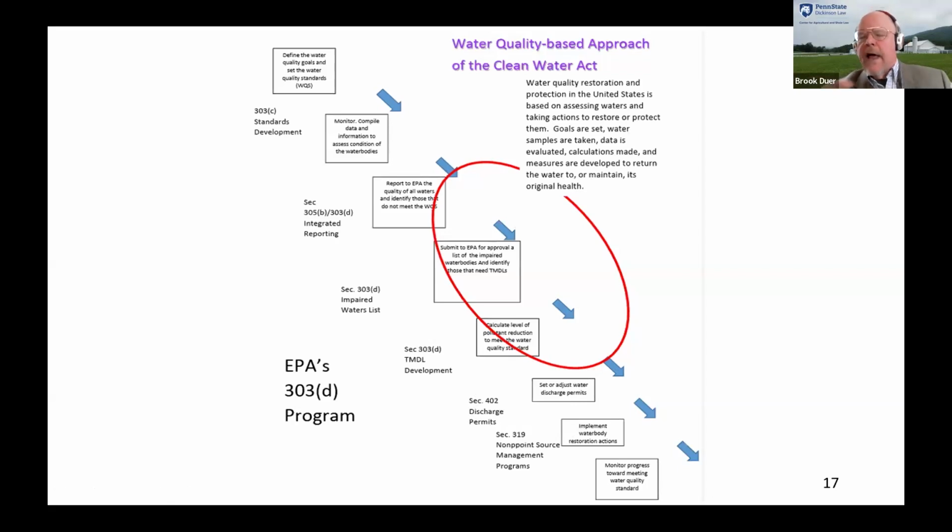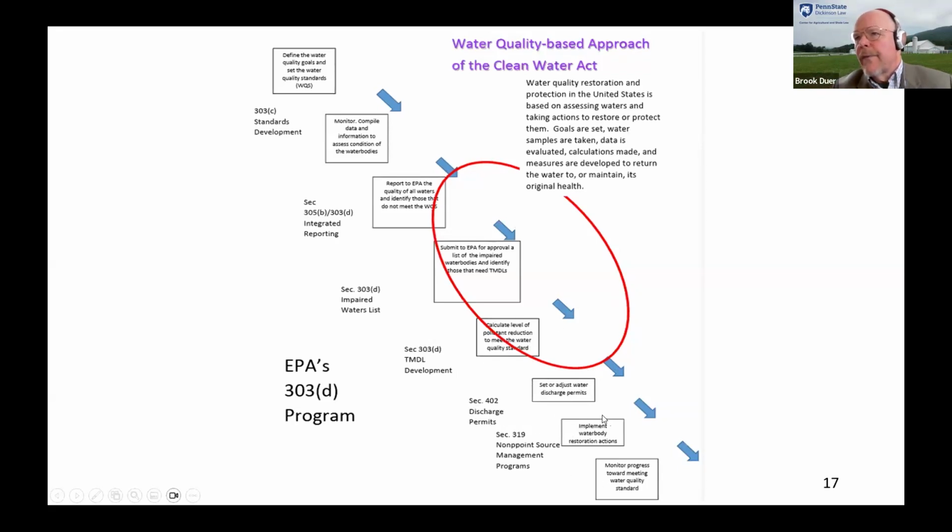And you have to allocate how much is point source origin and how much is non-point source origin, and then you allocate for the permit holders, the point source people, what their responsibility is by changing the conditions in their permits, if they are discharging into the watershed of one of these impaired waters.